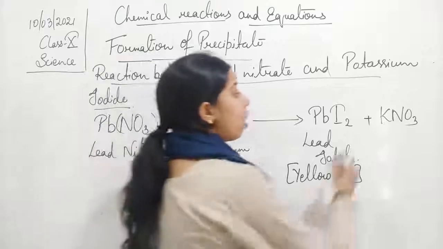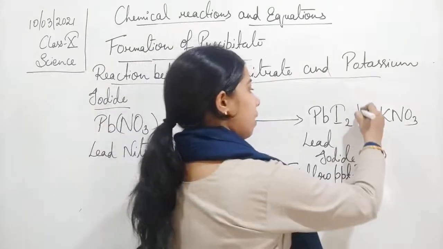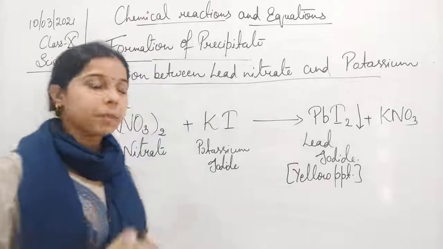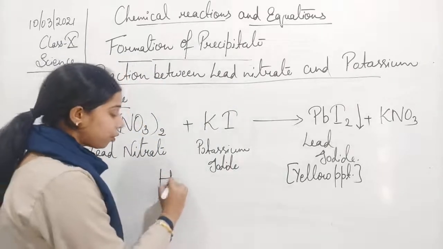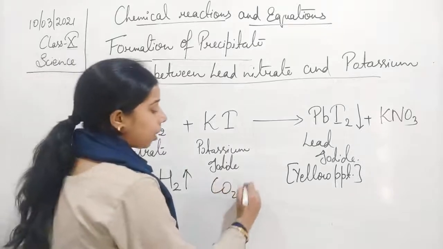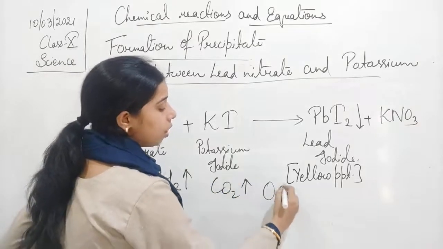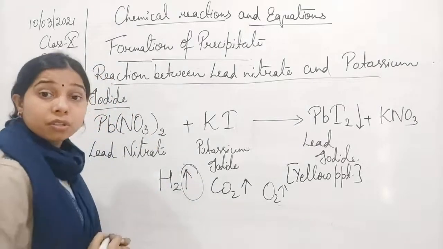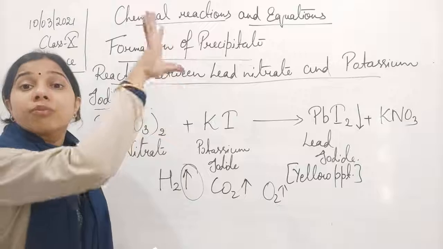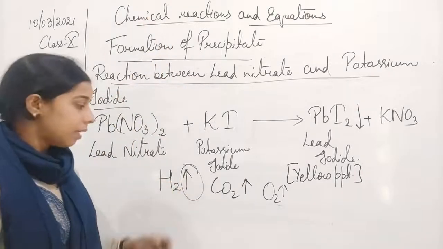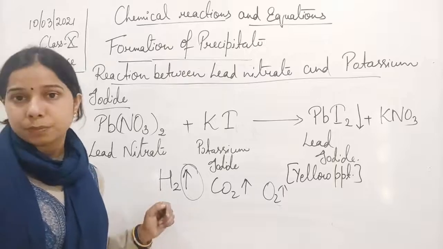Now you see, students, for a precipitate we use an arrow in the downward direction. Let me tell you one thing here. When we were talking about gases like hydrogen, carbon dioxide or oxygen, you have seen I always make an arrow toward the upward direction. It shows that the gas is moving upward, so this tells us the product is a gaseous product.